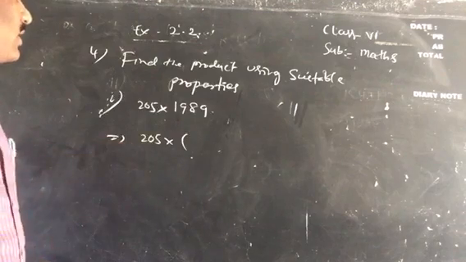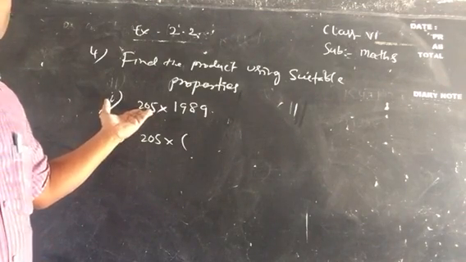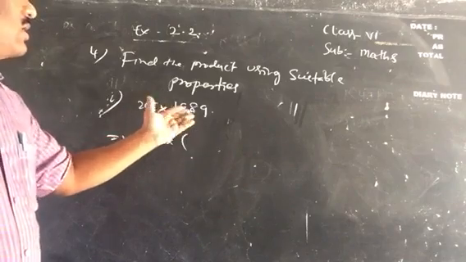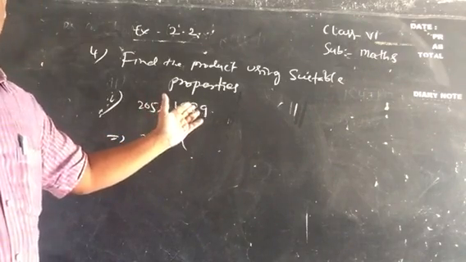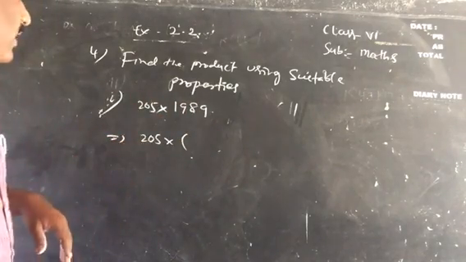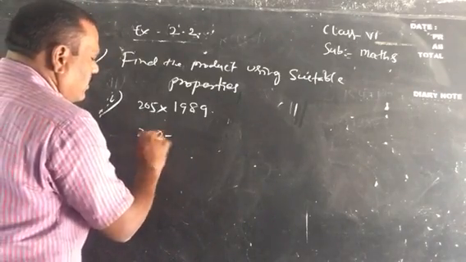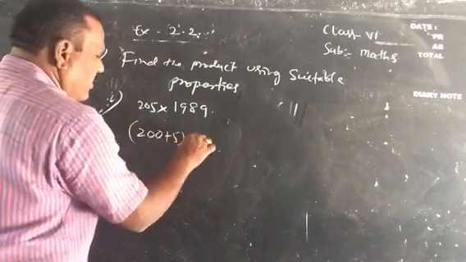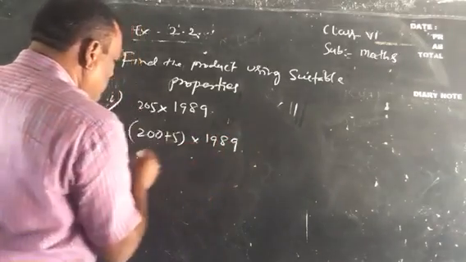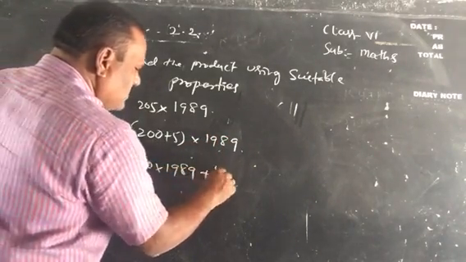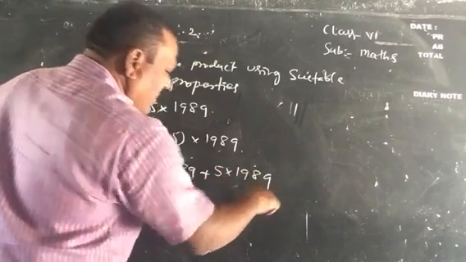Either you can take 205 as 200 plus 5, or you can take 1989 as 2000 minus 11. Here I am taking 205 as 200 plus 5 into 1989, children. So 200 into 1989 plus 5 into 1989, children.